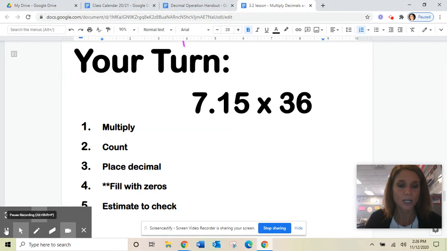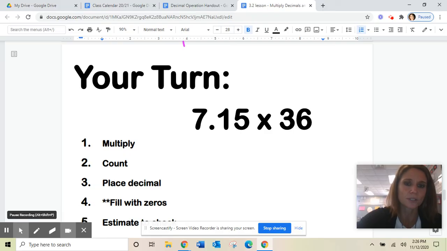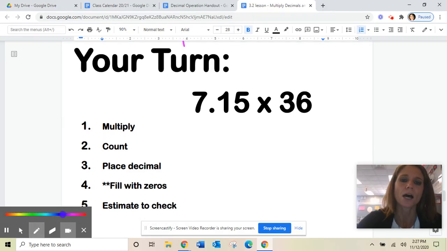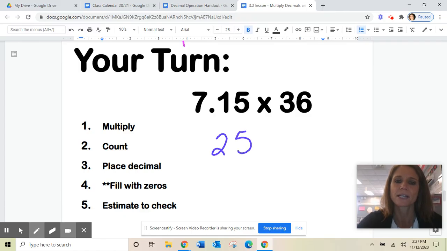So the first part to check is to see if you came up with the right digits. So the digits for this answer, no matter which strategy you used for multiplication, would be a 2, 5, 7, 4, 0. Now we need a decimal. So if we count, the 1 and the 5 are both on the decimal side.